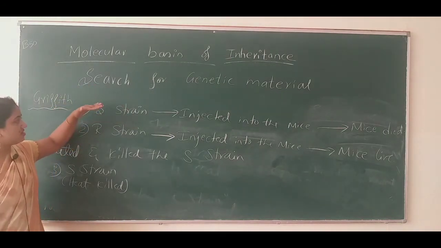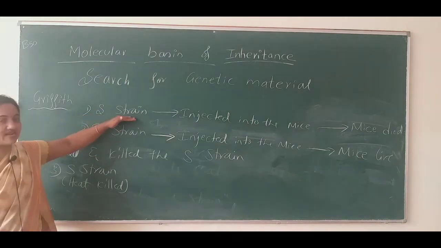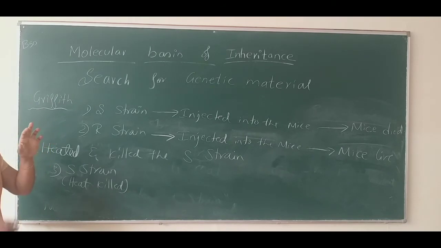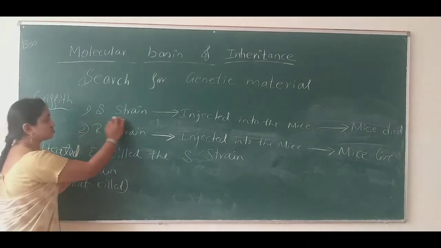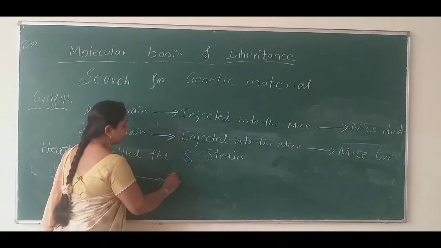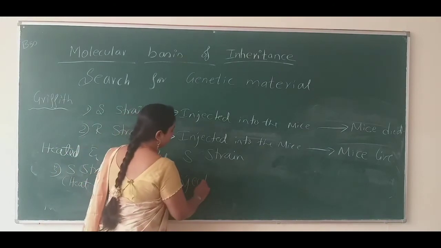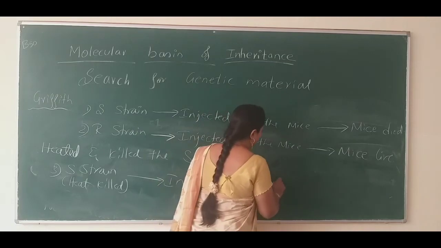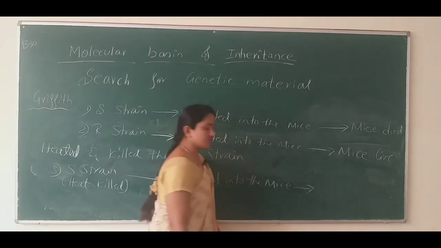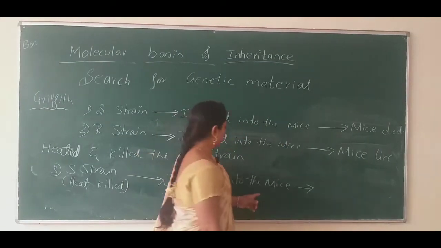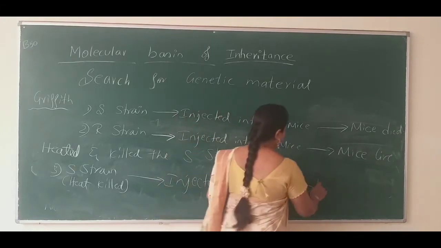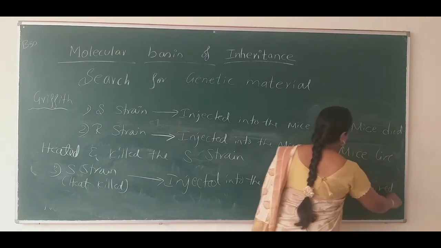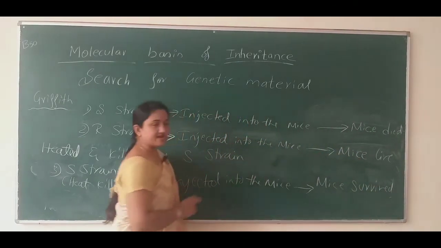Griffith heated and killed the S strain, and that heat-killed content was injected into the mice. The mice survived; they did not die.